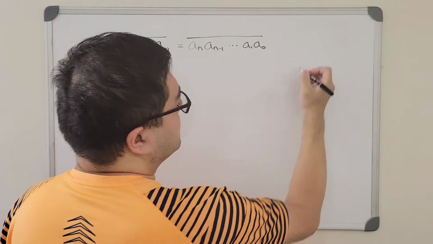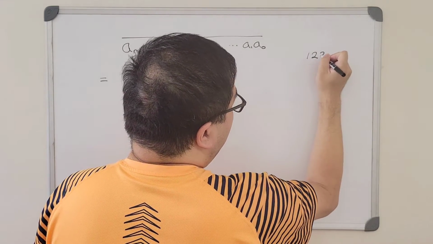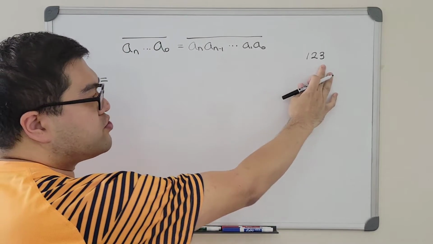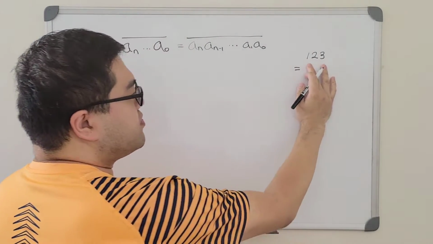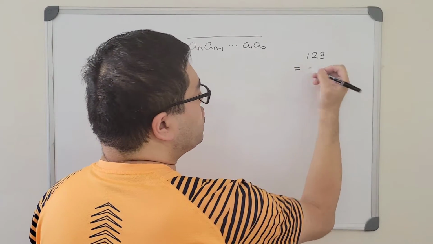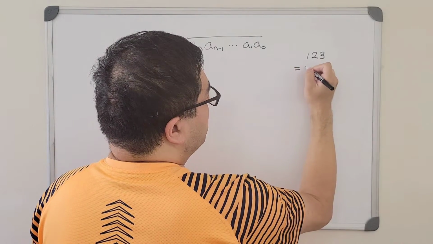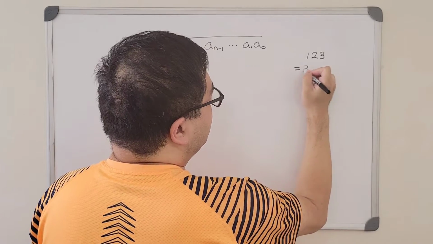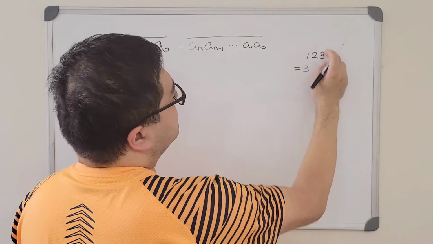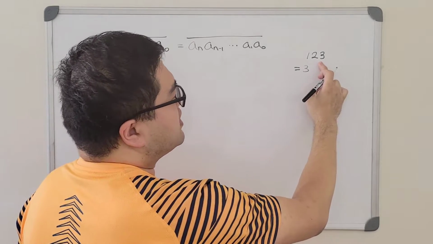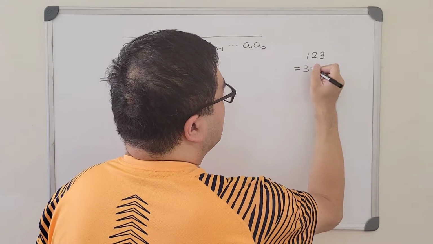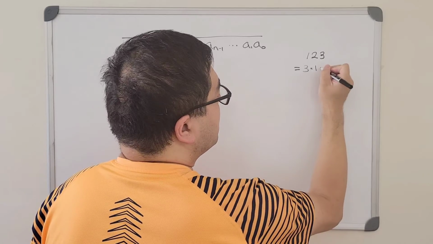So let's get an example. If we think of the number 123, what it really means in this symbol is representing, we have 3 in the 1 place, meaning that we have 3 copies of 1.